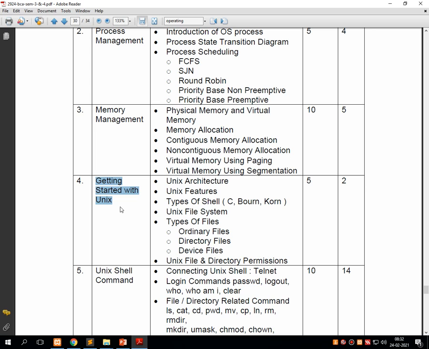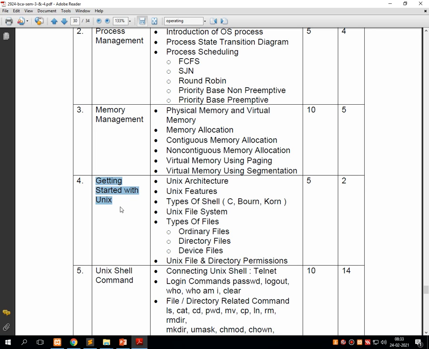So, we can say that from this unit, we'll get an actual idea of the operating system called Unix. The title of our subject is Operating System Concepts Using Unix and Linux.